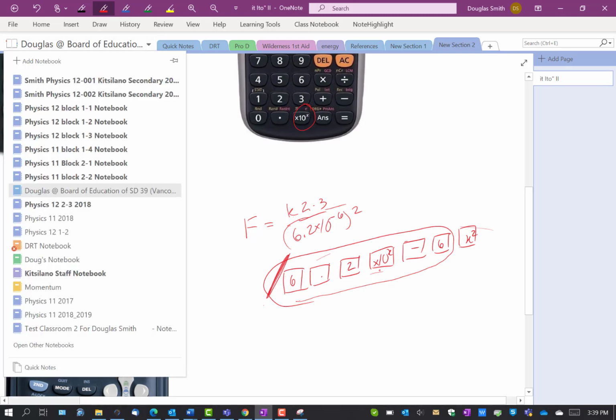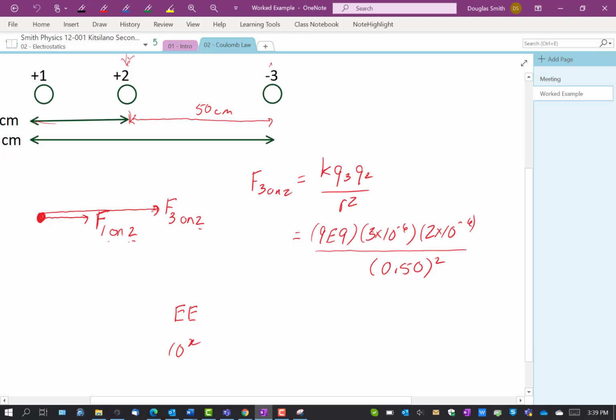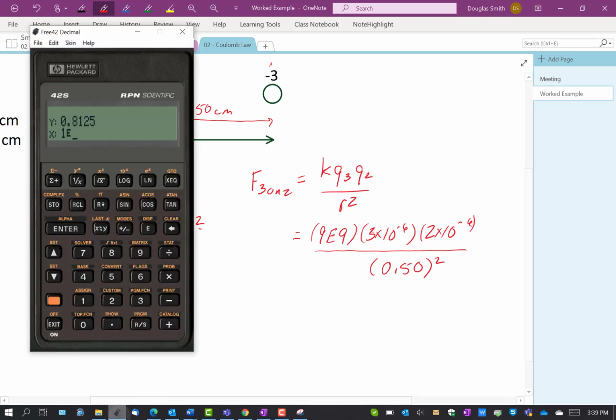Anyways, back to the problem. So where was I? Oh yeah, punching this stuff into the calculator. On my calculator, it's this E key.